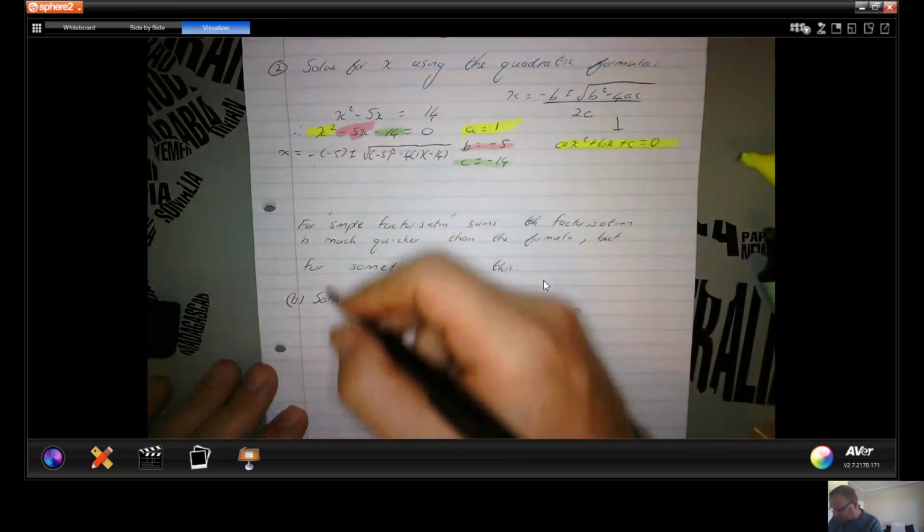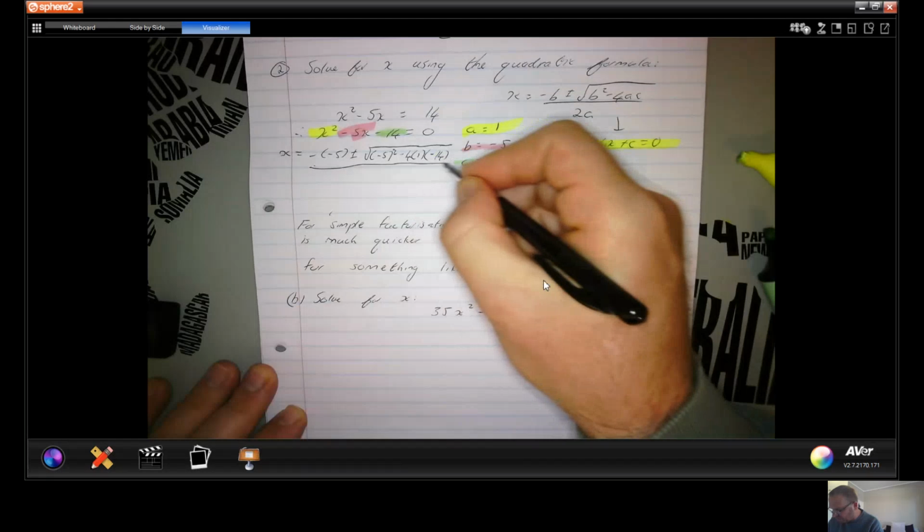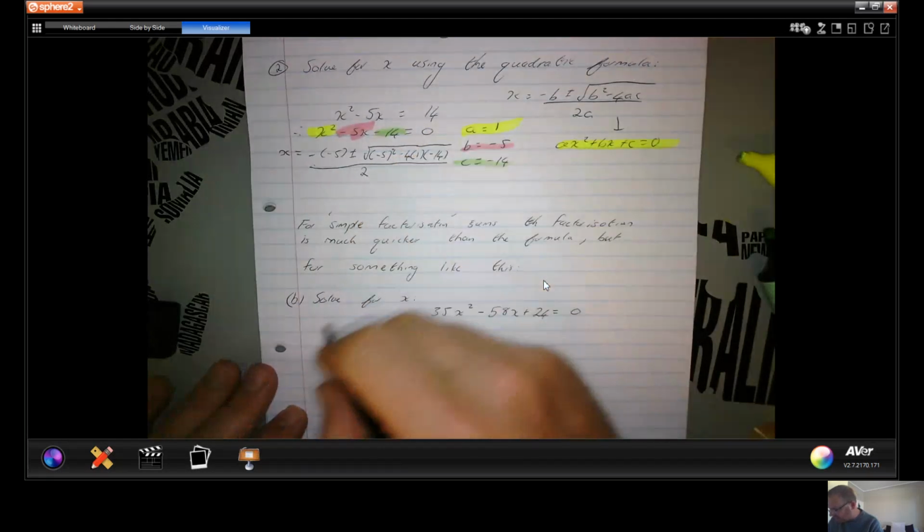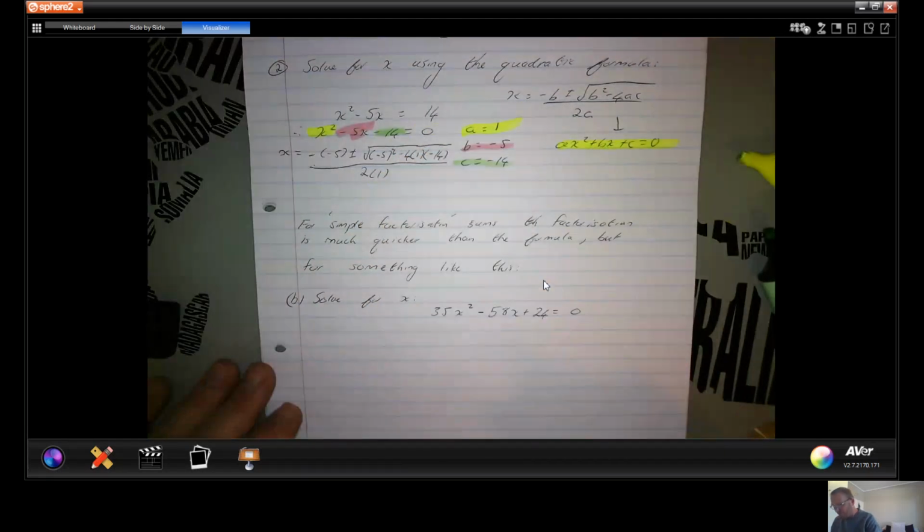The whole thing, not just the square root, the whole thing is over 2 times a, in other words, 2 times 1.